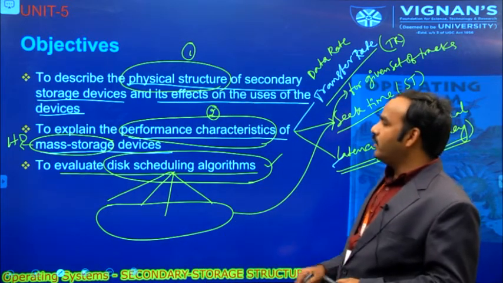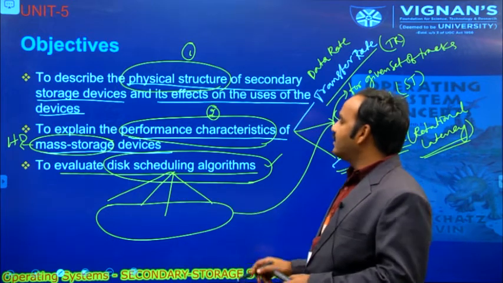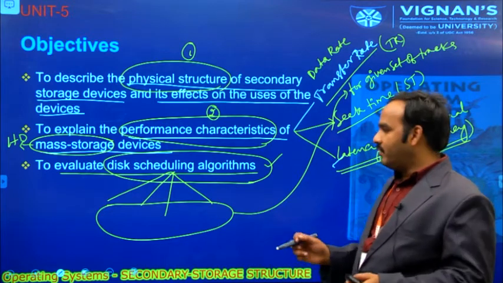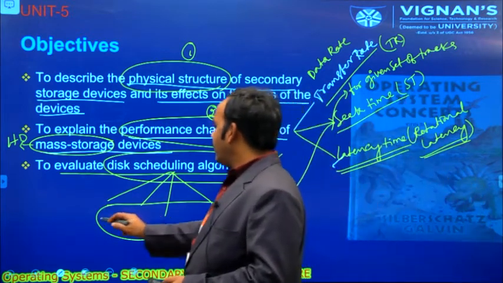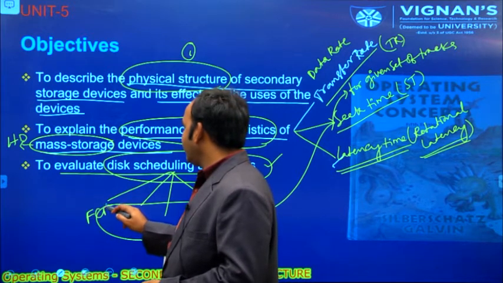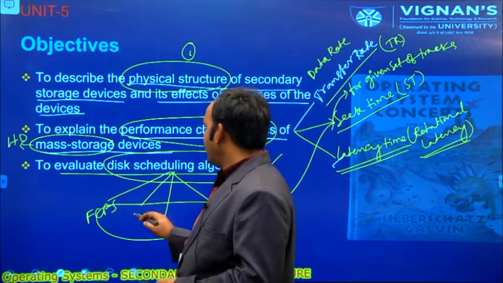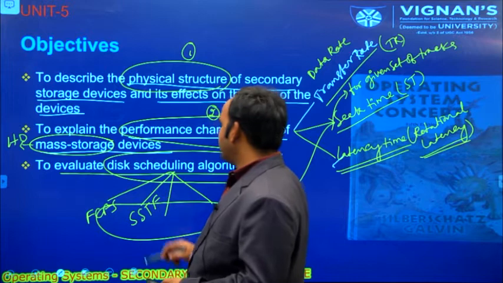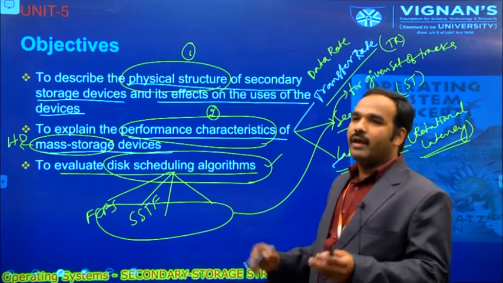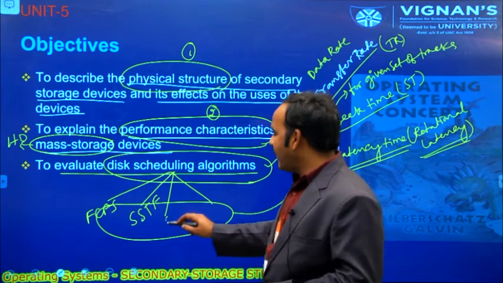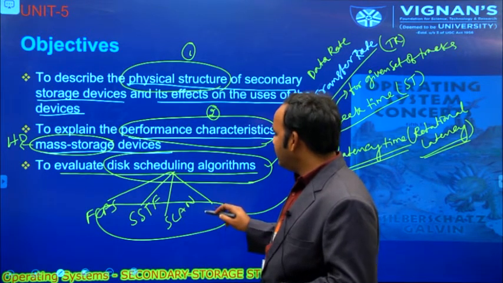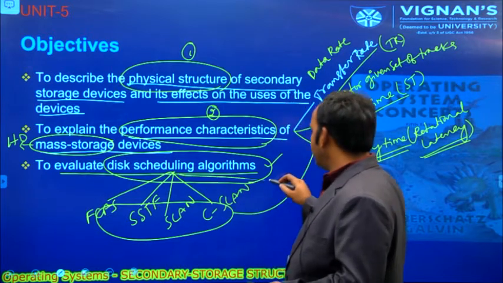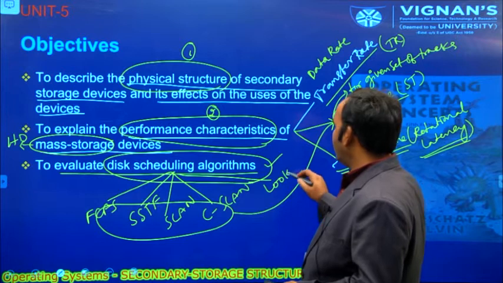Coming to the third objective, which is to evaluate the disk scheduling algorithms: first come first serve (FCFS), shortest seek time first (SSTF), and next we will see SCAN, C-SCAN, and LOOK.